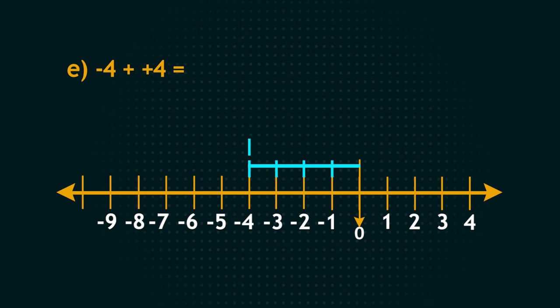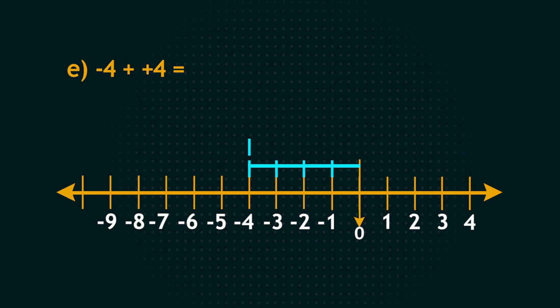But from there, which direction now to take? Should we continue? Not really, because the number we are adding next is positive. We now have to change the direction and face the positive side. We are now standing at negative 4, and we are changing direction to face the positive side.